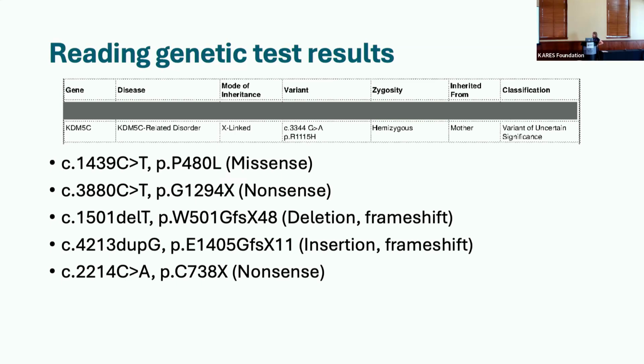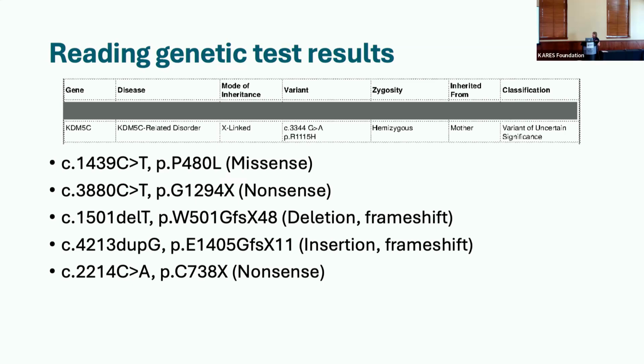This change, again, the cDNA, it's telling us what the change is. And then in the protein, it's saying P, it's changing this G, or it's a glycine, to an X. And that X means that it was what we call a stop codon. So that stops the protein. So that's a nonsense change where the protein just ends.